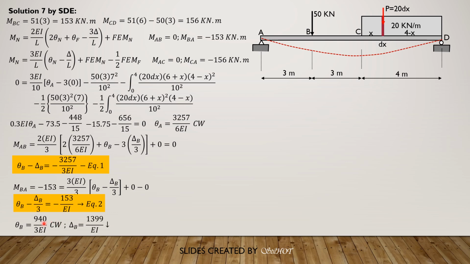Because this is positive, it means clockwise. But the final answer is, because this is clockwise, it is negative. So theta B in decimal form is negative 313.333 over EI, and delta B is, because our assumption is AB rotates clockwise, so B is below, so delta B is negative 1399 over EI, just like before. Next, we consider AC.